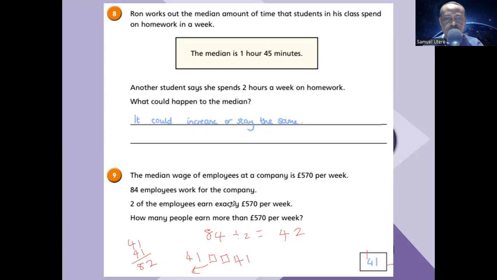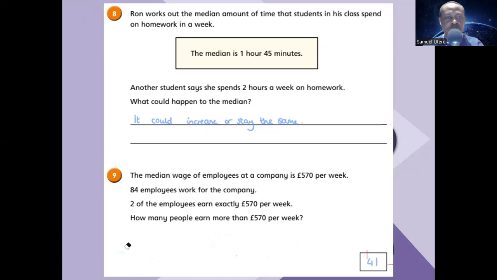And the median of this same value will be the same value. So it means we can have 41 people that can earn more than this.